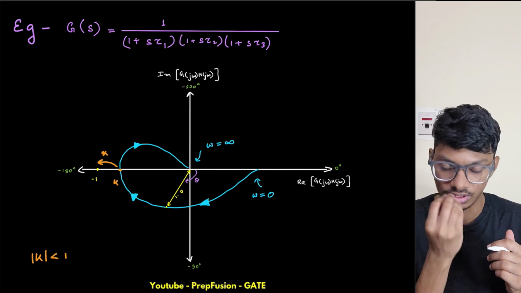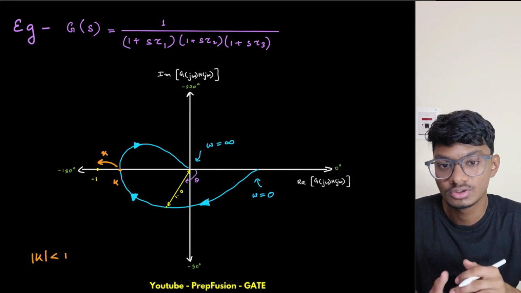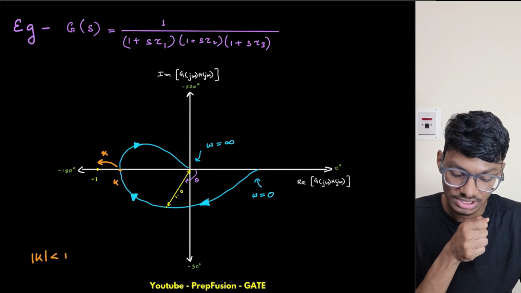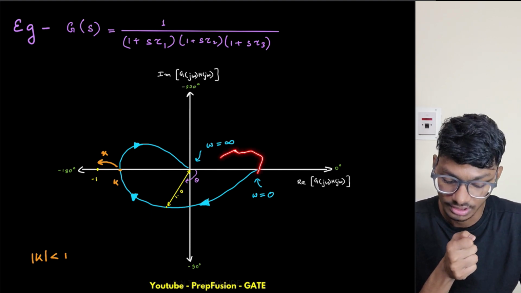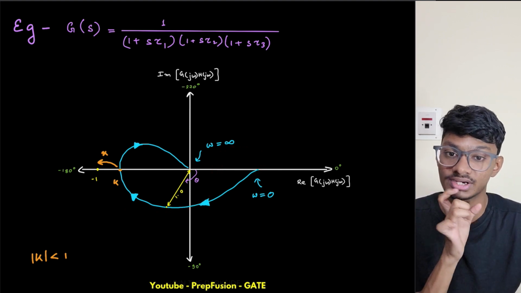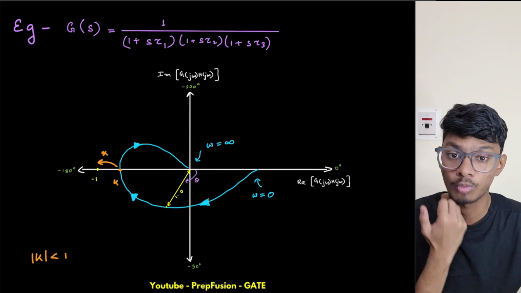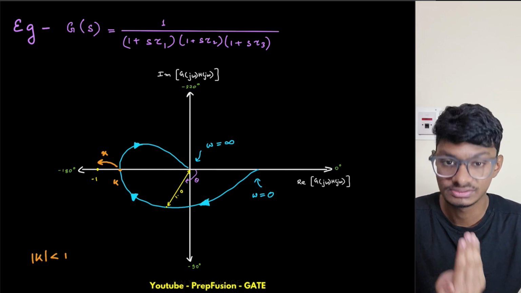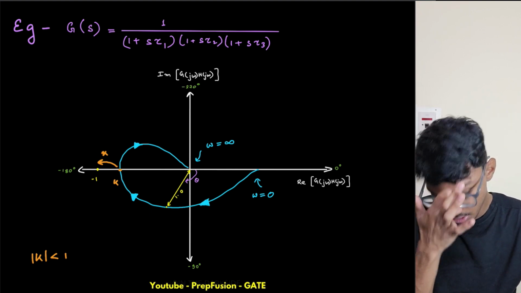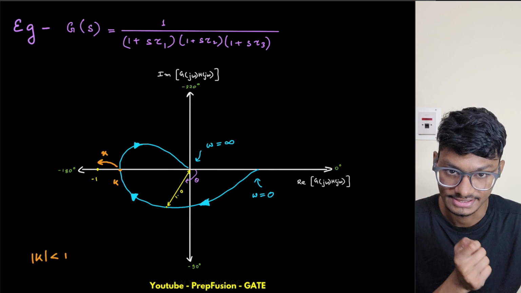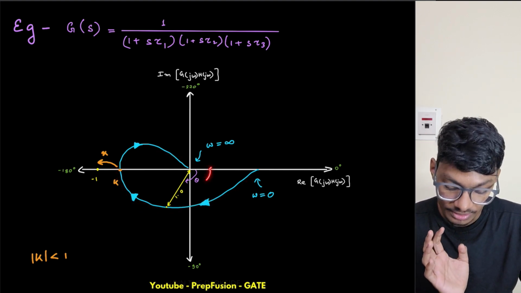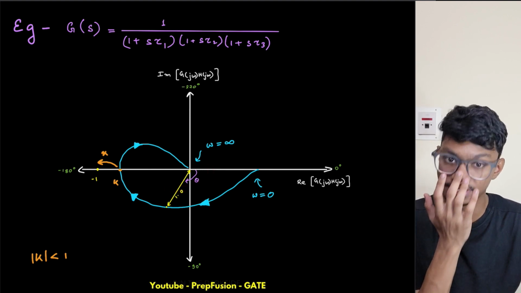Sometimes the zero comes before the pole, then we start off in the anti-clockwise direction, then again go to clockwise, because at the end the number of poles will always be greater than the number of zeros, for proper transfer functions and real world systems. So for that case I will go in the clockwise direction. That is the reason behind this.